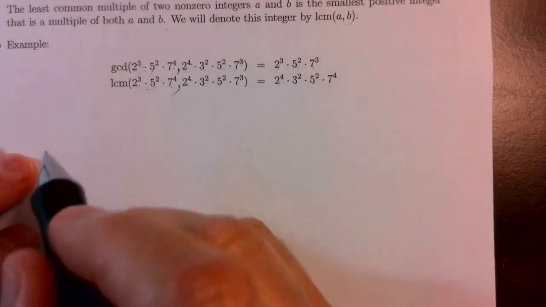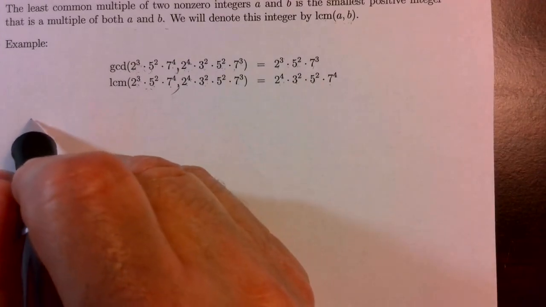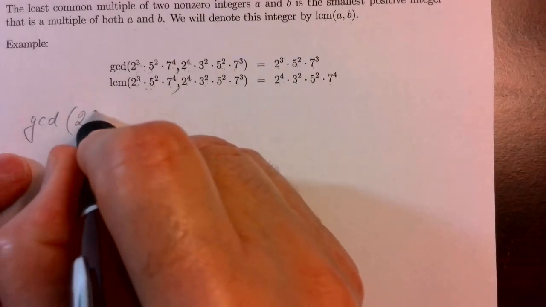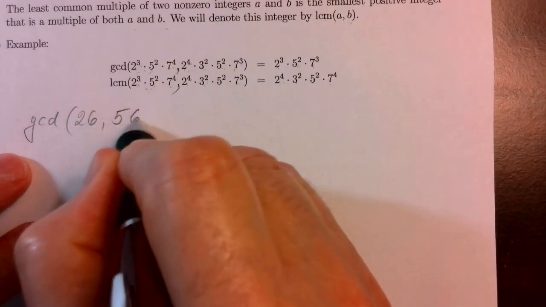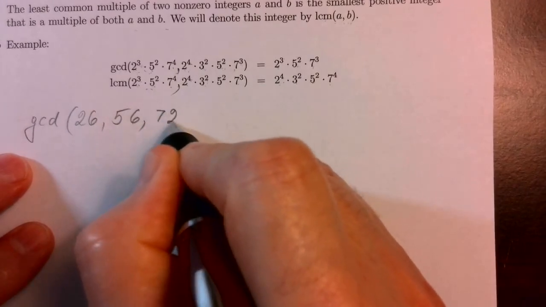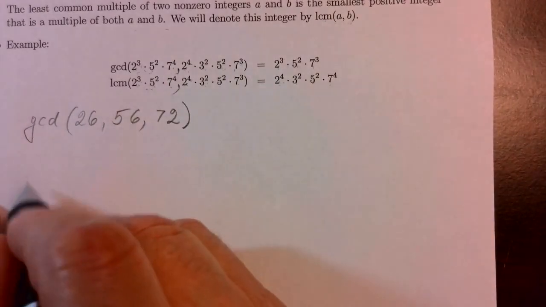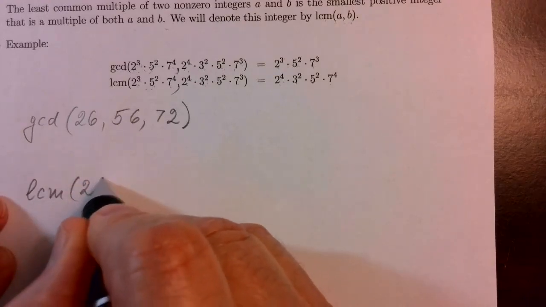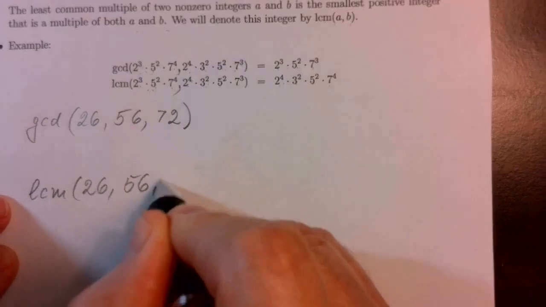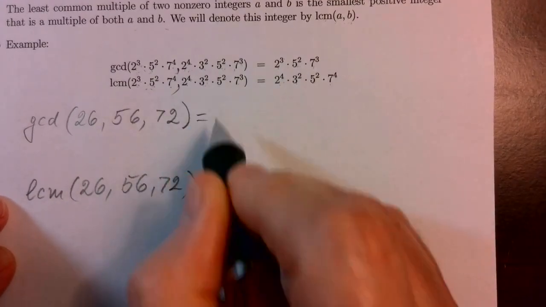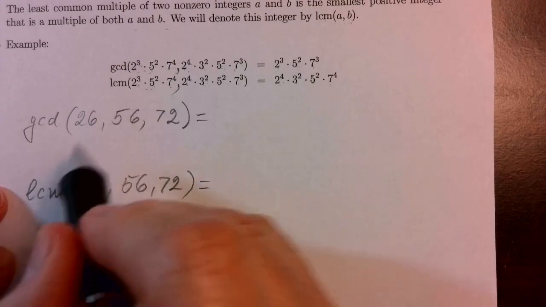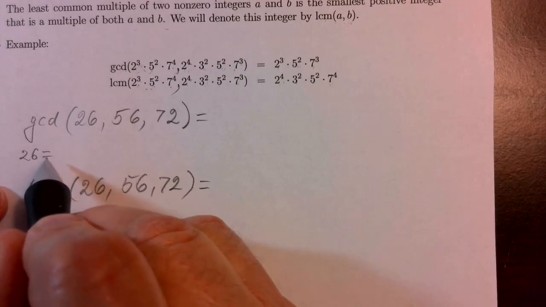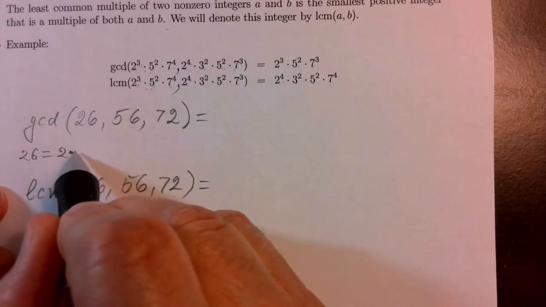So let's find the GCD of 26, 56, and 72, and the LCM of these 3 numbers. First we factor them. 26 is 2 times 13.